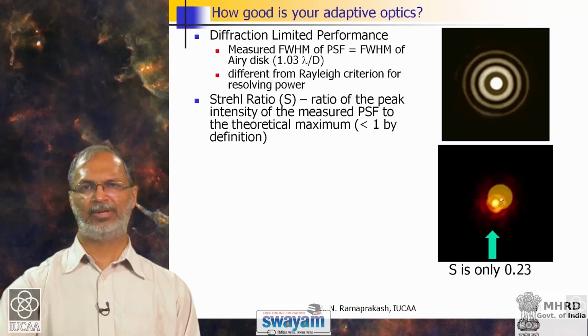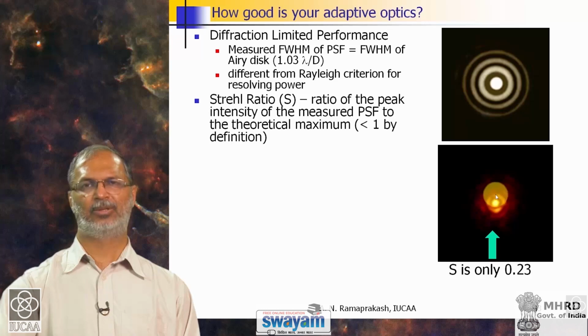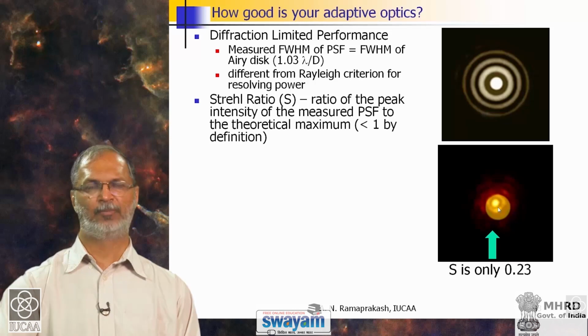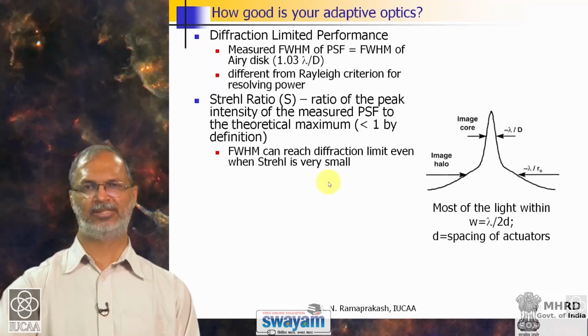So, very often in an adaptive optic system, it can happen that 80% of the light is lost, and only 20% is collected together and focused to a tiny spot corresponding to the diffraction limit. So, while you are getting your light collected to a tiny spot, you are also losing a large number of photons into the wings of this image, which does not concentrate into the middle, and this leads to a loss of sensitivity of your telescope, and this can be another serious limitation.